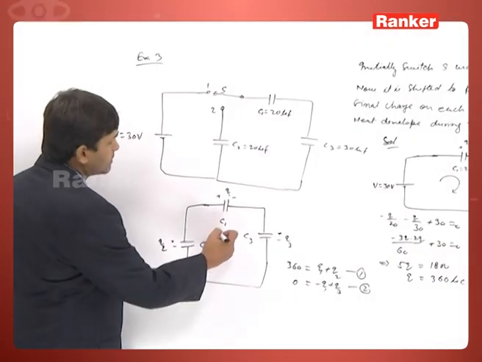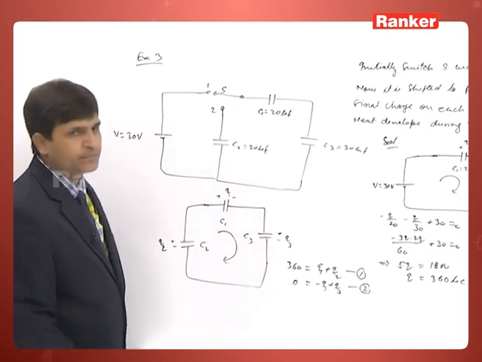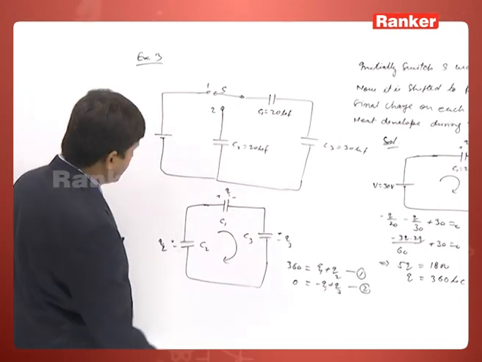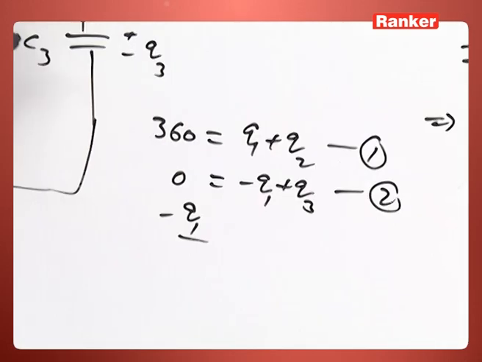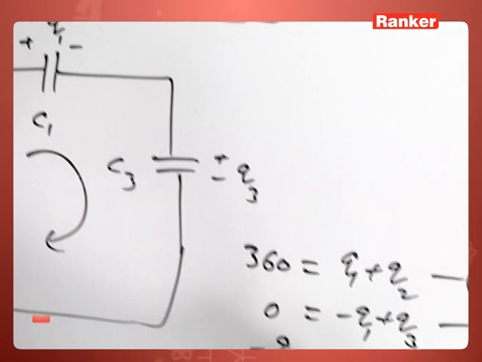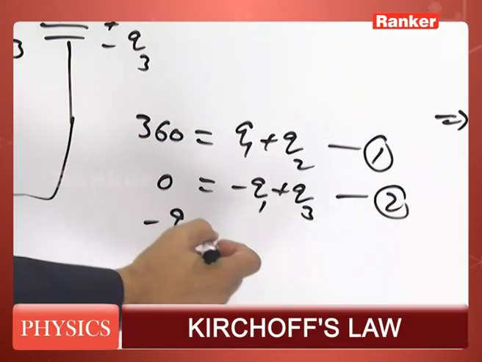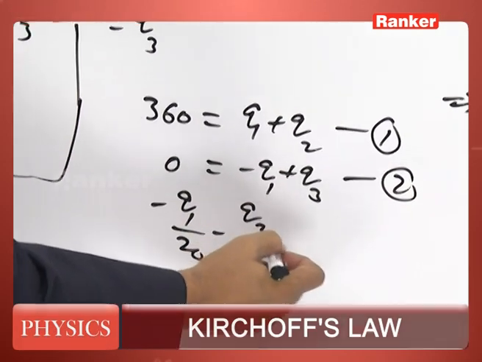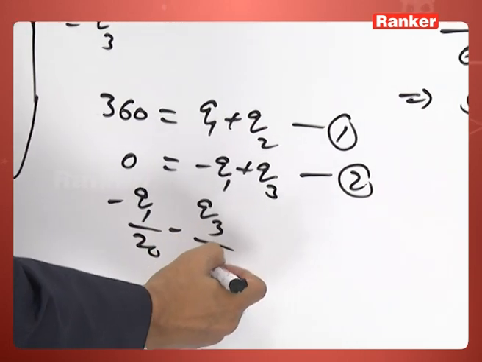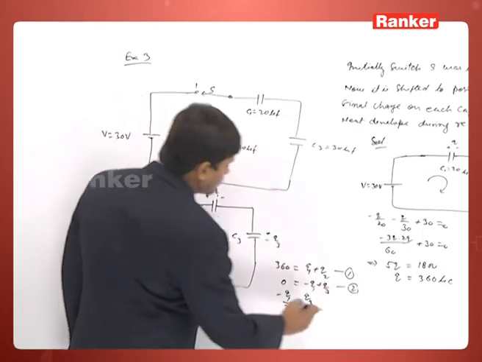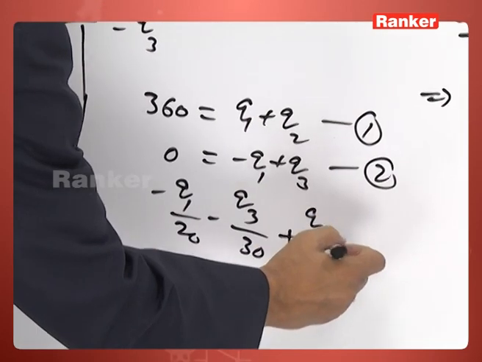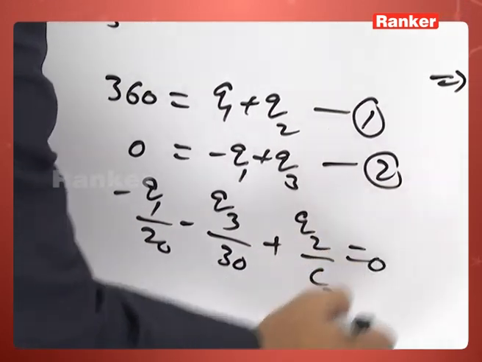And the third equation we can have by using Kirchhoff's second law. See here: minus Q1 by C1, C1 value is 20, then here minus Q3 by C3, C3 value is 30, then plus Q2 by C2. This is 0.